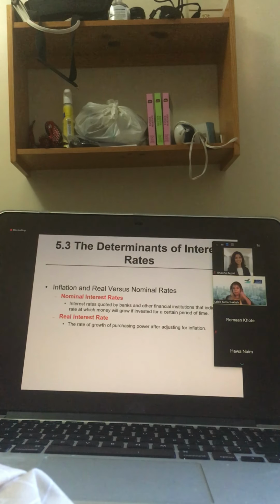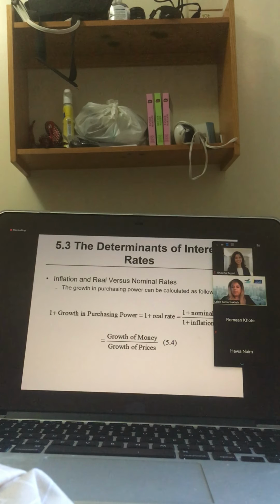after adjusting for inflation. Okay, if you have an investment right now that gives you, let's say, 5% return, keep in mind there's also inflation. So in your mind, if you account for at least 1% inflation, your real return is not 5%, it's less than 5%.